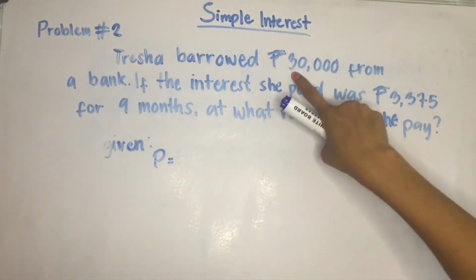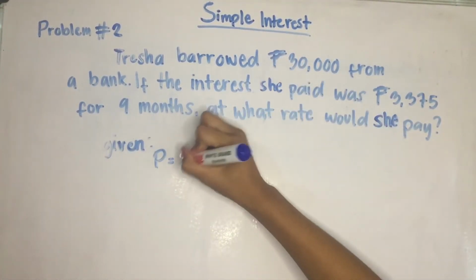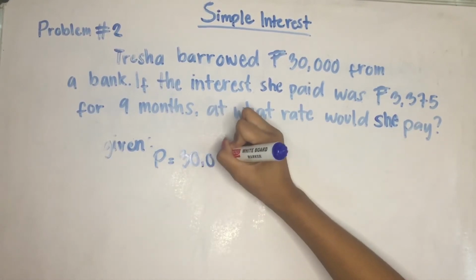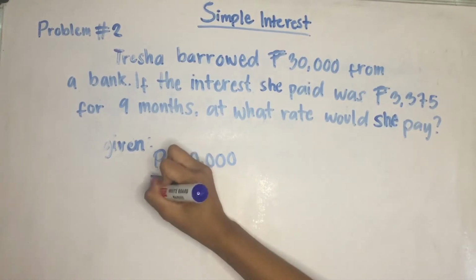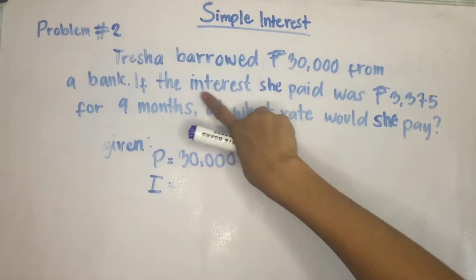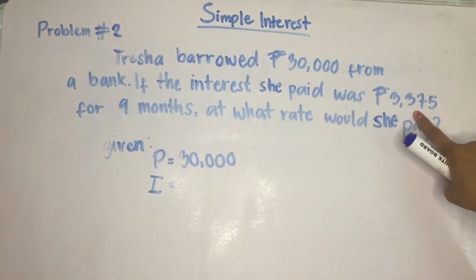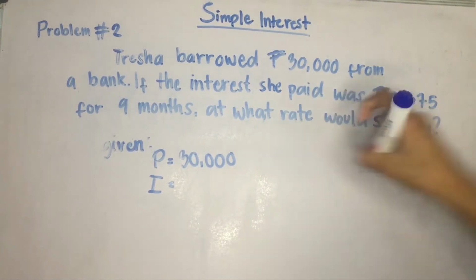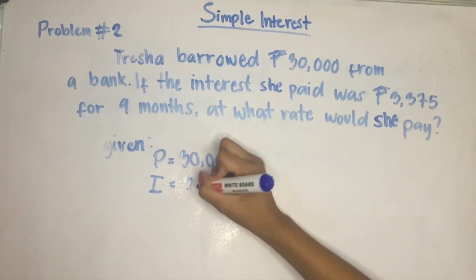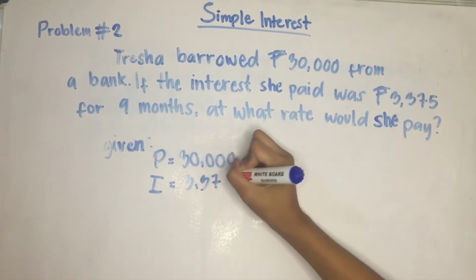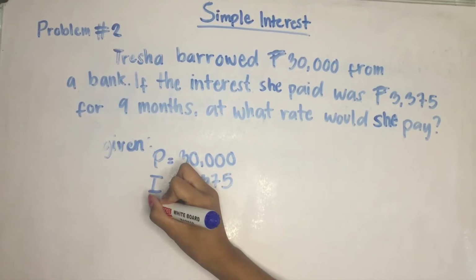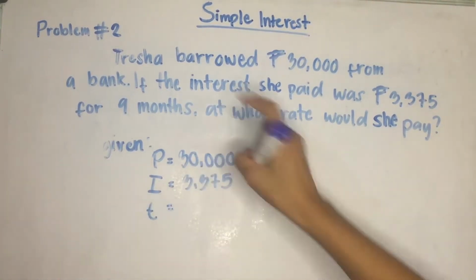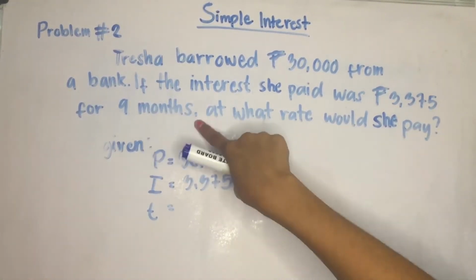The principal is 30,000. The interest is 3,375. The time is 9 months.